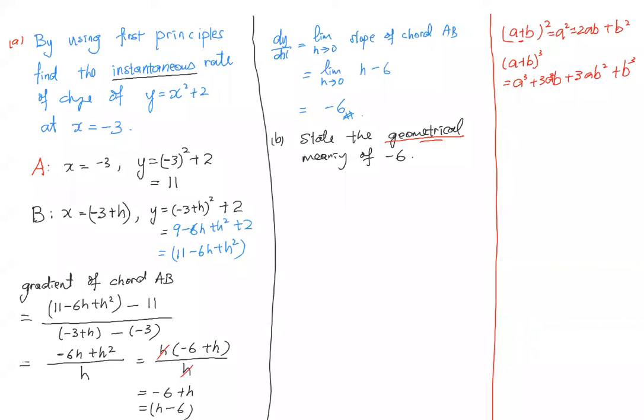So we have to say -6 is the gradient to the curve y equal to x squared plus 2 at x equal to -3. Fail to mention this, you get 0 mark. You have to tell me -6 is the gradient to the what curve at which point.